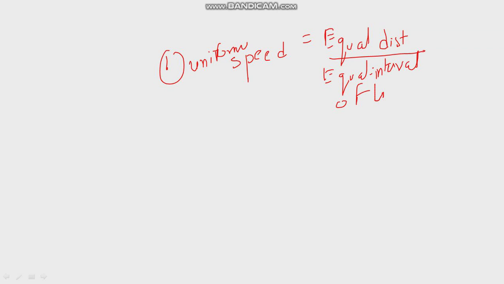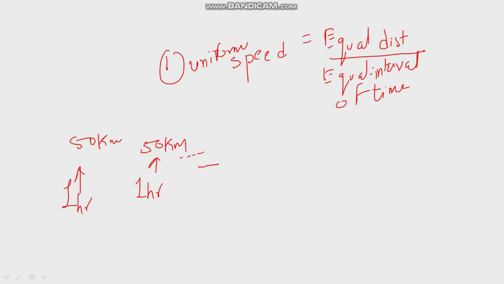Let's say in the first 1 hour the distance covered is 50 kilometer by a train, and in the second hour again 50 kilometer, and in the next hour again 50 kilometer, and so on. This turns out to be uniform speed, meaning equal distance covered in equal time.